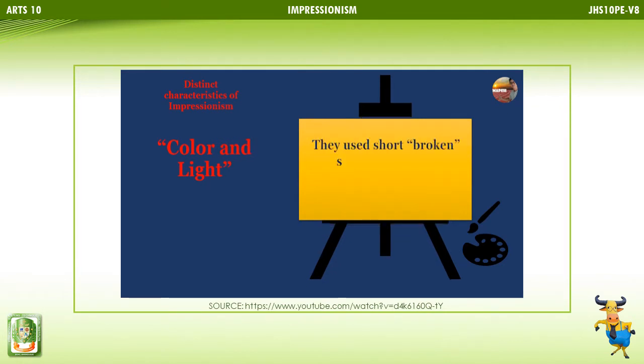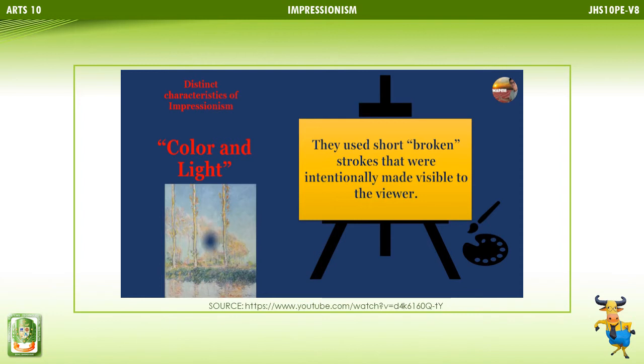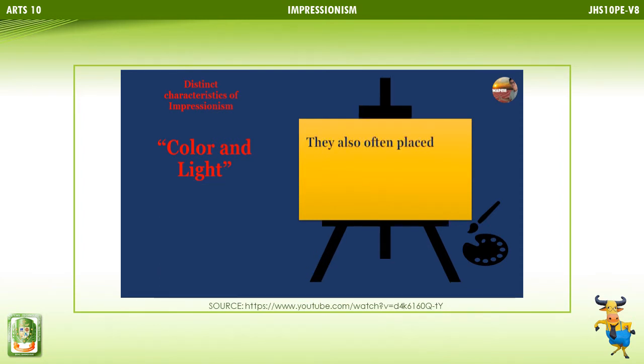They used short broken strokes that were intentionally made visible to the viewer. They also often placed pure and mixed colors side by side, rather than blended smoothly or shaded.